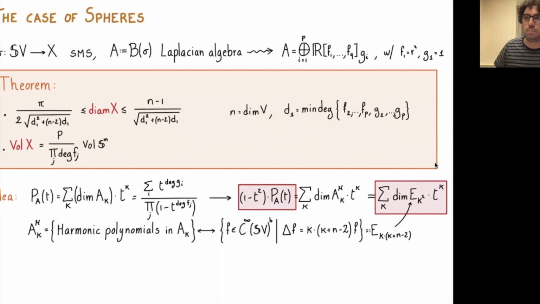Then the problem would be to find an upper bound for that degree. This would give a universal lower bound for the diameter of any quotient of any spherical manifold symmetry. This would be the idea.